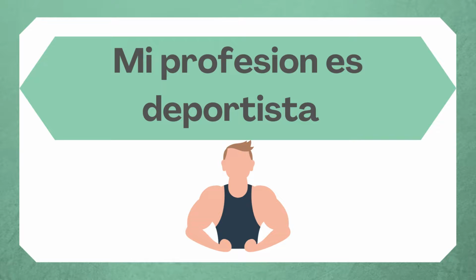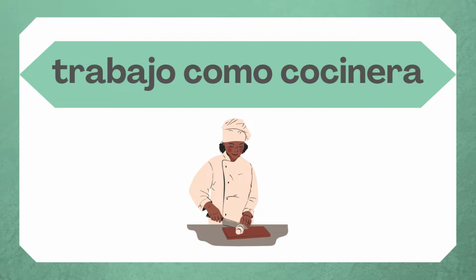So for both, the ending of the word stays the same. Trabajo como cocinera. I work as a cook. The word cocinera is female, meaning a female cook. If you are a male cook, then you have to say trabajo como cocinero.